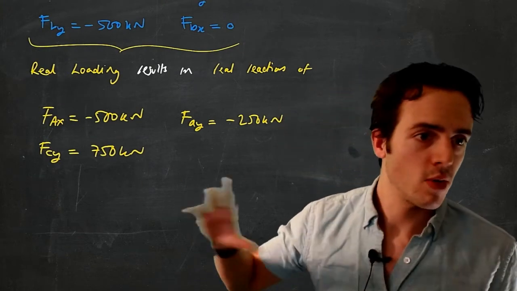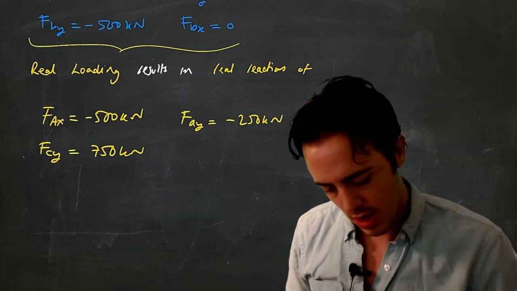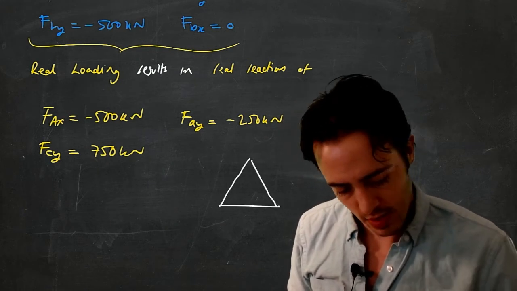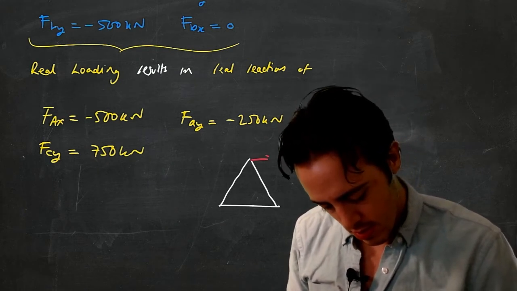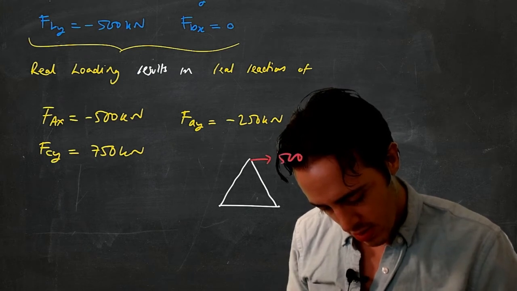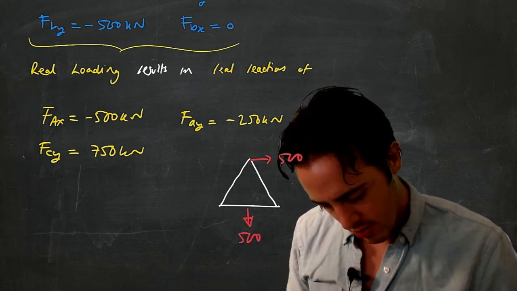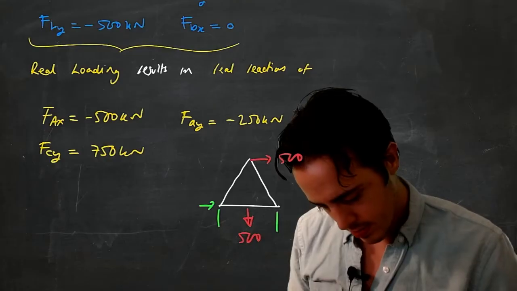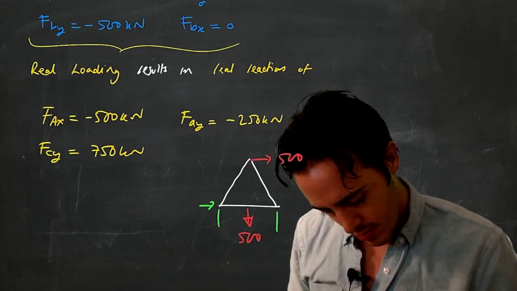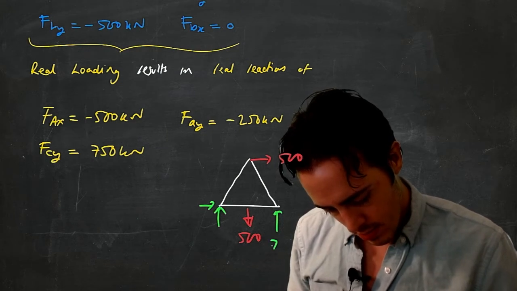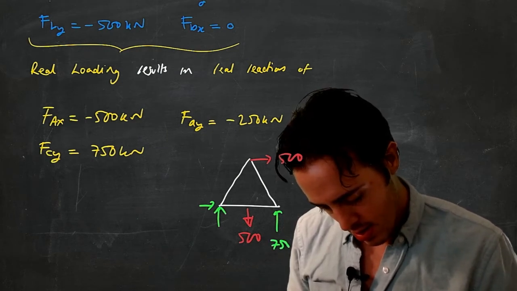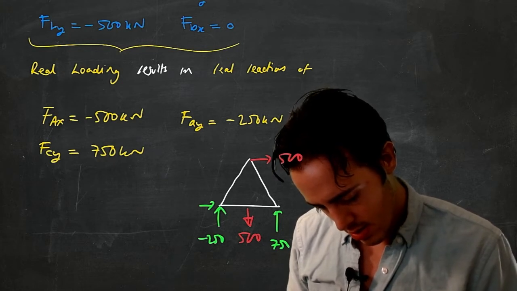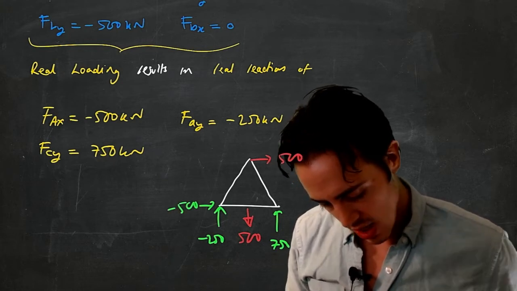Let's just check if this makes sense. Once I've written equations like this, I like to check, do all of my equations result in force balance? So we would have 500, 500, 750, minus 250, and minus 500 here.